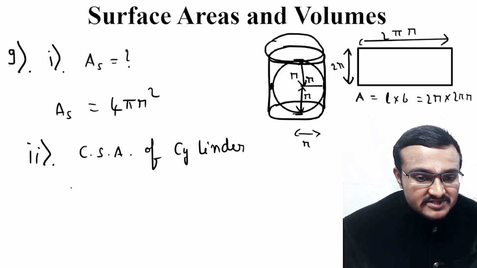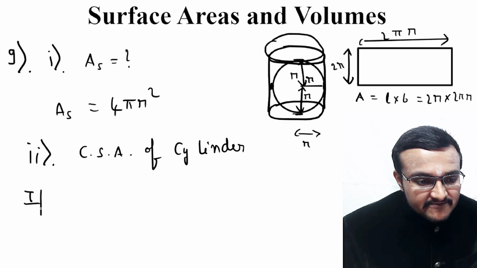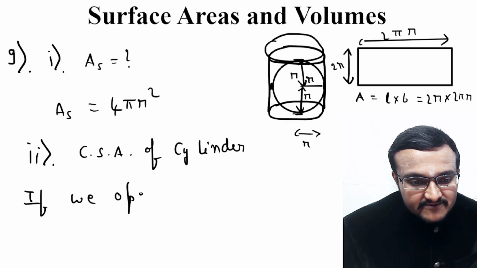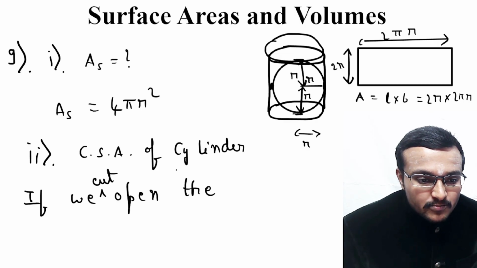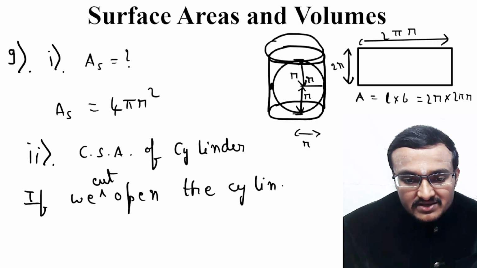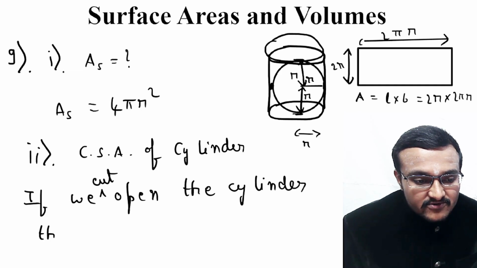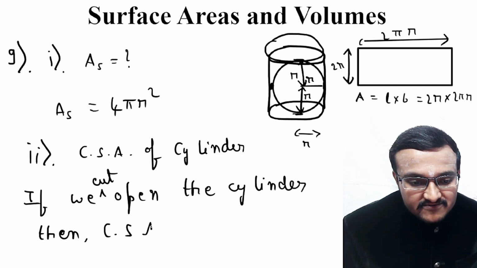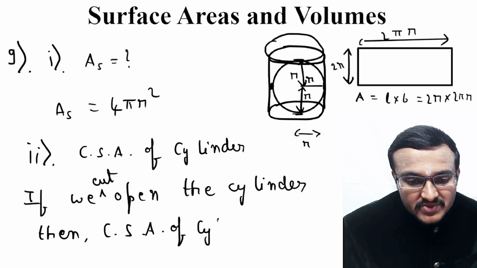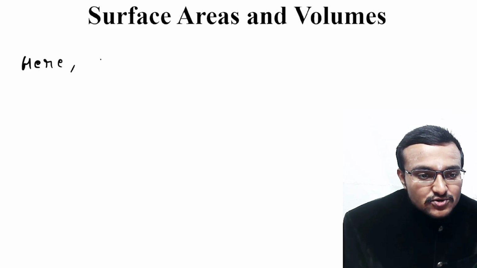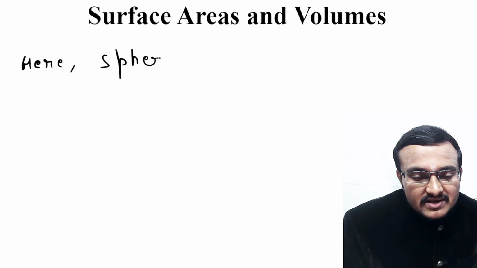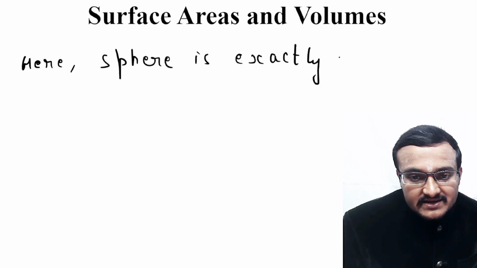So the curved surface area of a cylinder: if we cut open the cylinder, the curved surface area of the cylinder is a rectangle. Here the sphere is exactly enclosed in the cylinder.